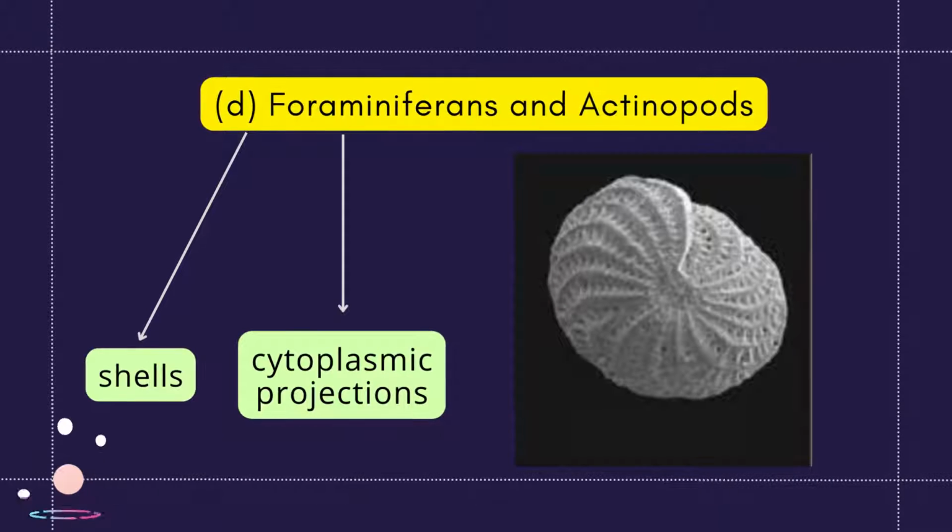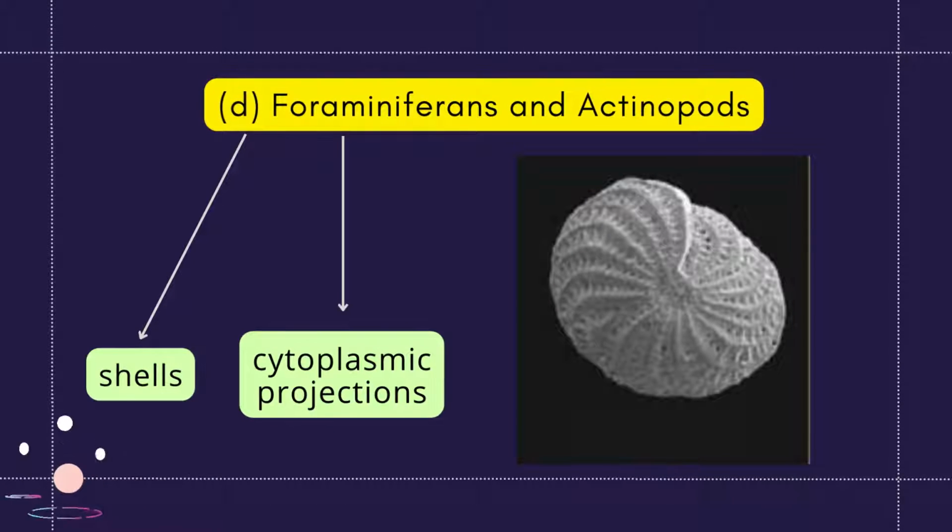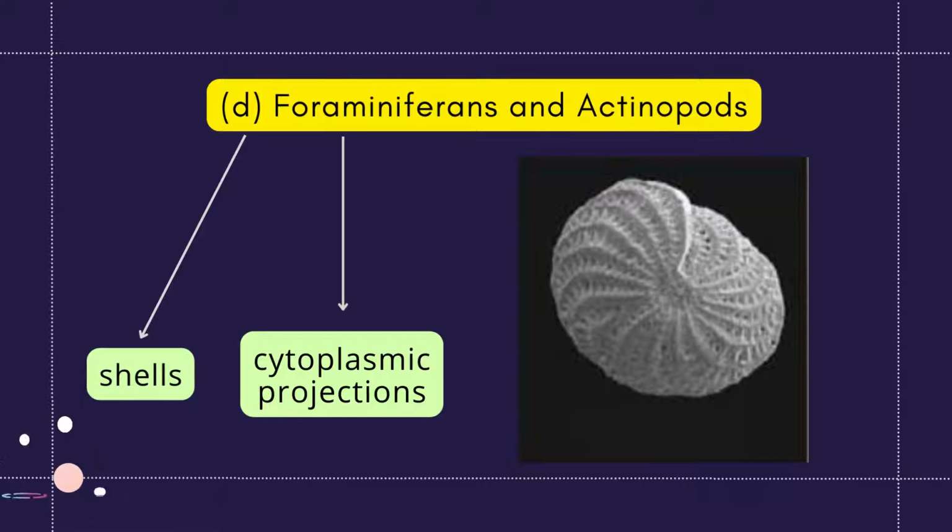These shells have pores, as you can see in the diagram, and through these pores cytoplasm can move out and spread over the shell. When cytoplasm moves out, it is called cytoplasmic projections.